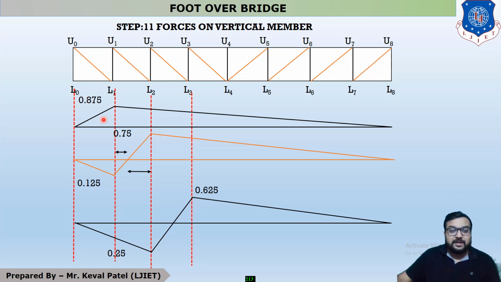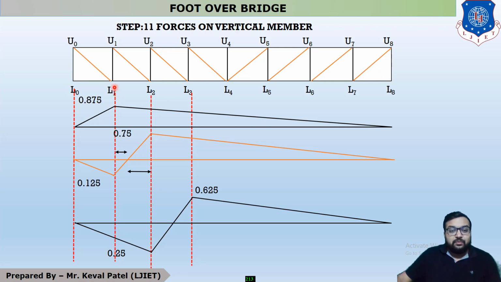So your influence line diagram looks like this. How is this value obtained? When you draw the influence line diagram, this is the 0 point, then 0, 1 by 8, 2 by 8, 3 by 8, 4 by 8, 5 by 8, 6 by 8 and 7 by 8. So the value of 7 by 8 is 0.875.